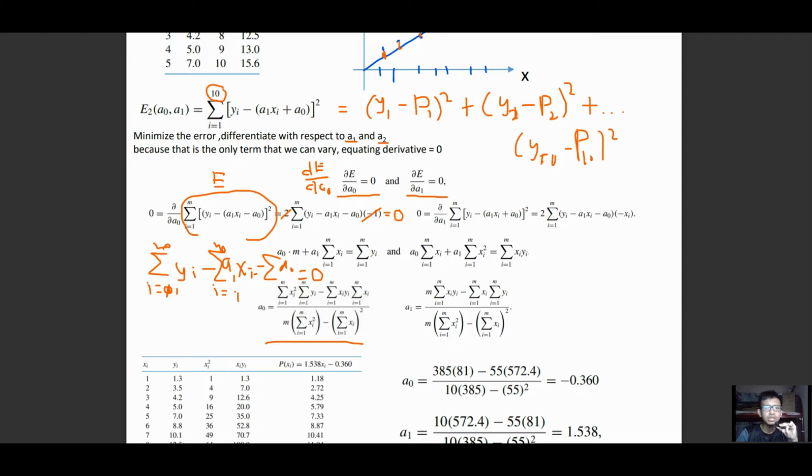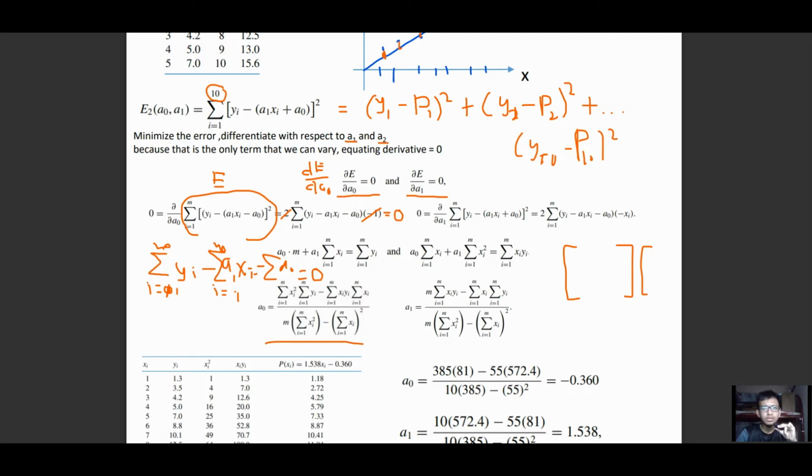And of course, this here, we also can use what we call Gaussian elimination with a matrix like this, but since it is degree 1, it is quite simple, and we can express it in this form straight away.